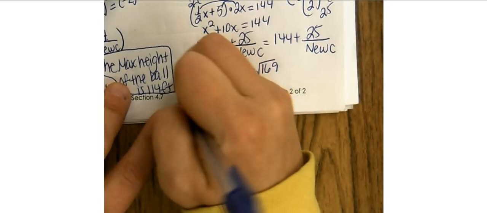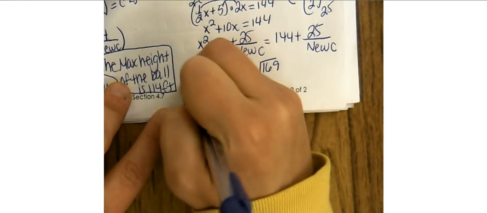Now I'm going to set up two separate equations. My first equation is x plus 5 is equal to positive 13, and x plus 5 is equal to negative 13. I'm going to subtract 5 on both sides, and I find that x is equal to 8 is one answer. And subtracting 5 on the other side, I end up with x is equal to negative 18.